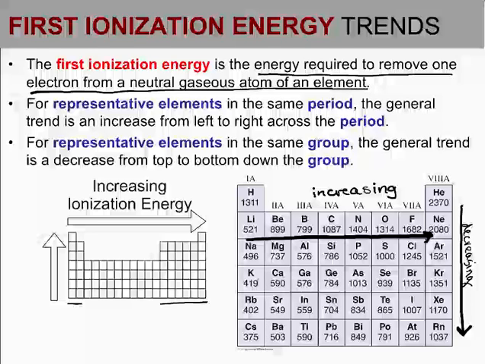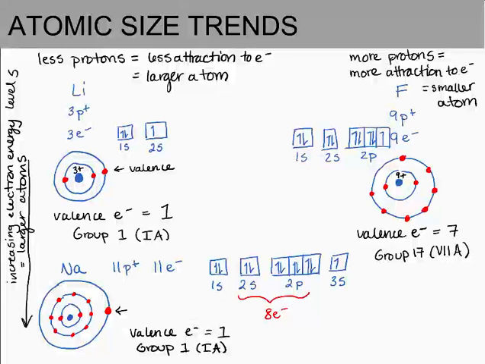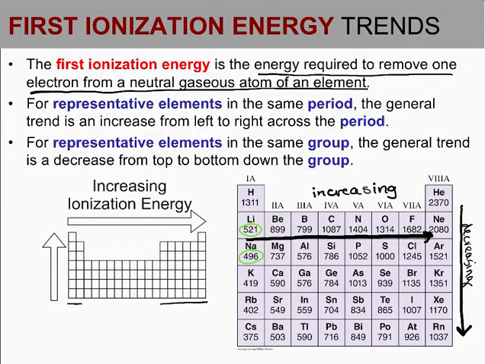So if an electron is really far away from the nucleus, it's going to be easier to pull it away because it's further away from that positive charge in the nucleus, so it has a weaker connection to the atom. So we would need less energy to remove an electron from sodium compared to lithium. But remember, we need a lot more energy to pull an electron away from fluorine compared to lithium.